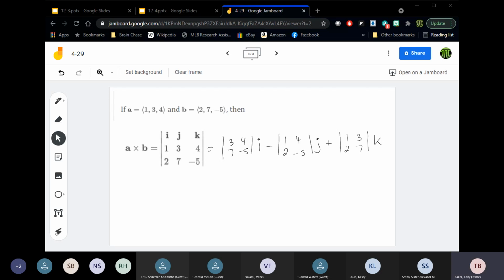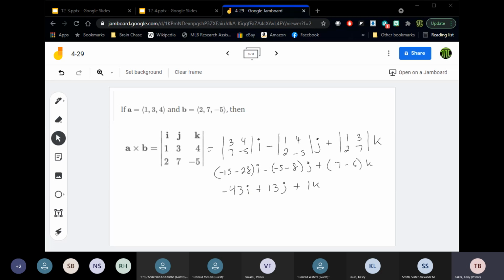All right, so now we're going to do the multiplication. So we have 3 times -5 is -15, and it's minus 7 times 4, which is 28. And that's I, minus, and 1 times -5 minus 8 J, plus 7 minus 6 K. So I get -43I plus 13J plus 1K.